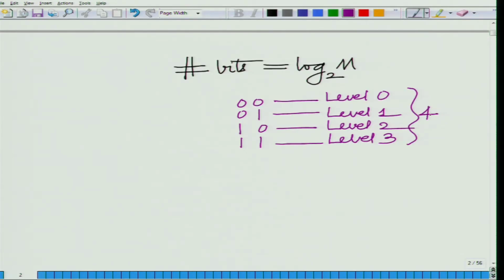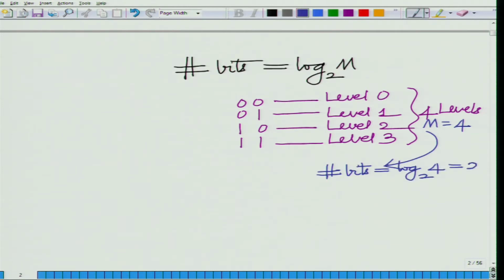So M equals 4. Therefore, the number of bits is log 4 to the base 2, which equals 2.